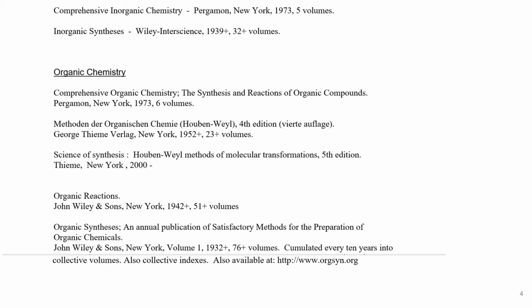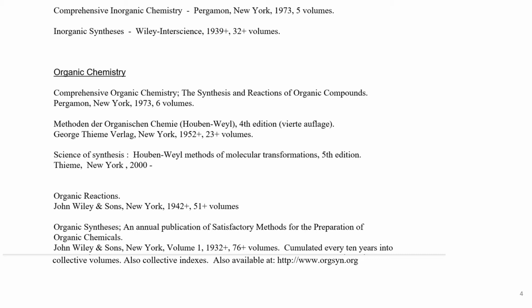Even though the Science of Synthesis is totally in English, and the same synthesis may be listed in this English language version and in the old German version, I asked the editors if the Science of Synthesis replaces Houben-Weyl, the German version, and they said absolutely not.